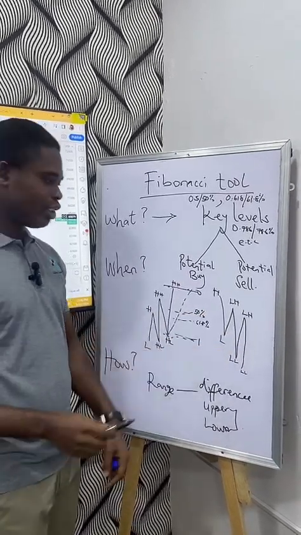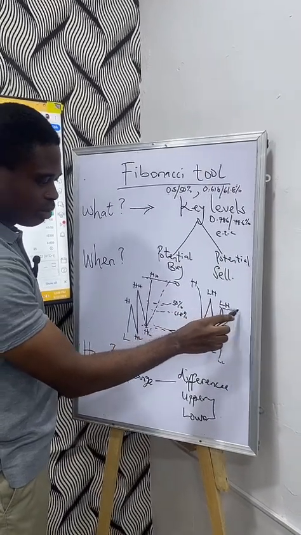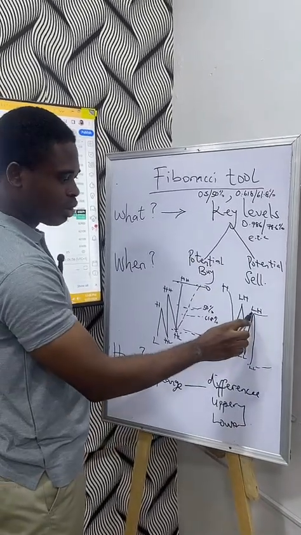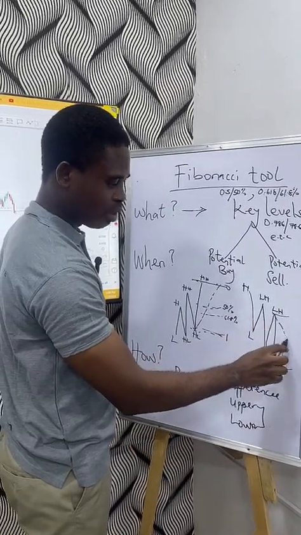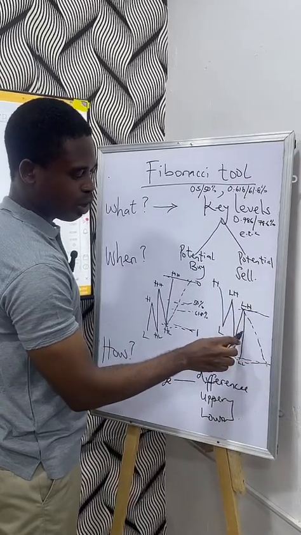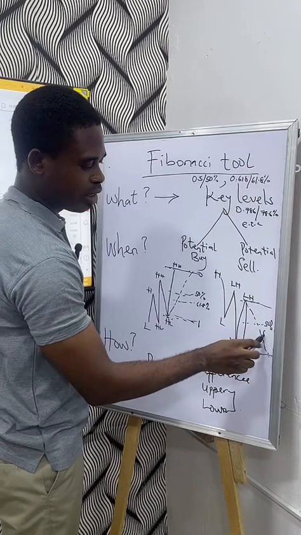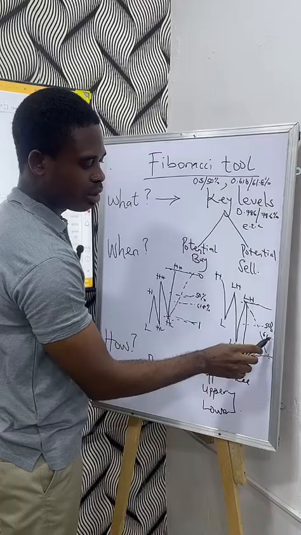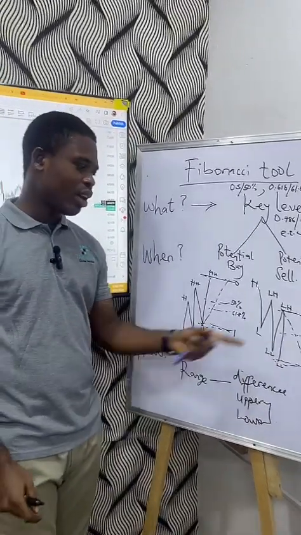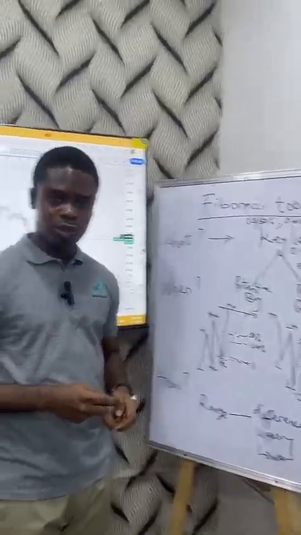In a downtrending market, you draw it from the last lower high to the last lower low. That's the range. You draw it from left to right. Somewhere here in the middle is the 50%, followed by the 61.8%, and so on. So you are going to be shown on the chart how these things are. So that's how to draw the Fibonacci tool.